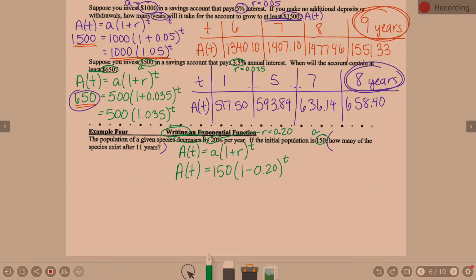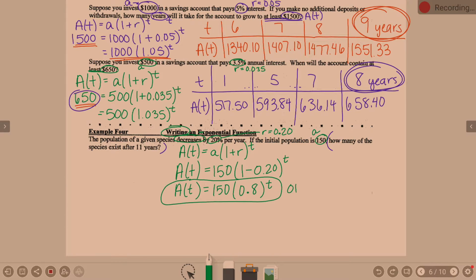When I clean this up, I'll write A of t equals 150 times, what is 1 minus 0.2? 0.8 raised to the t. A general equation that will represent this situation for any amount of years is 150 times 0.8 raised to the t.